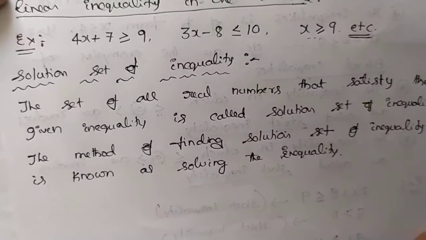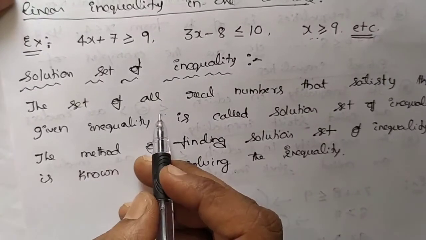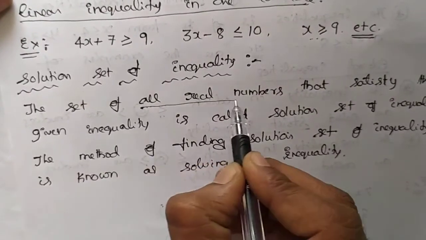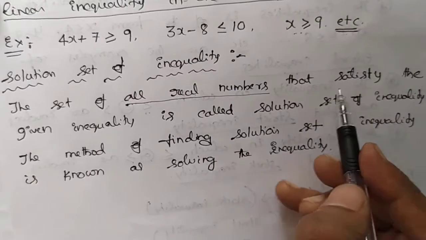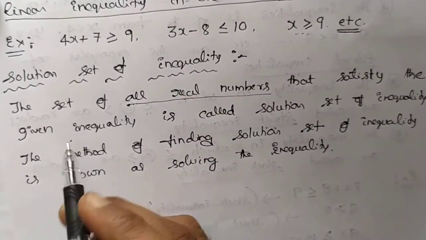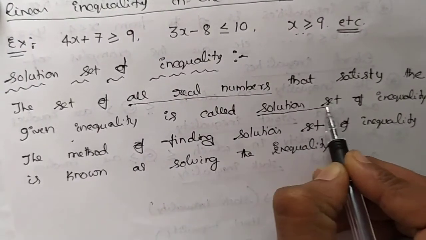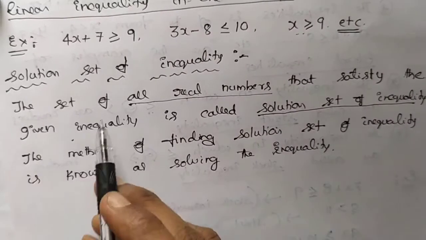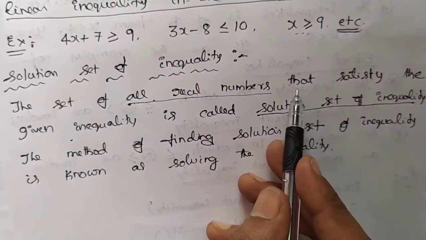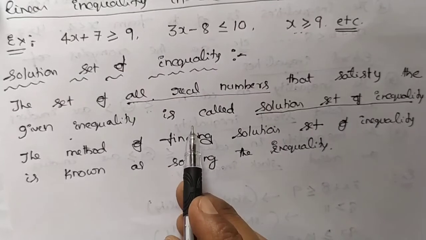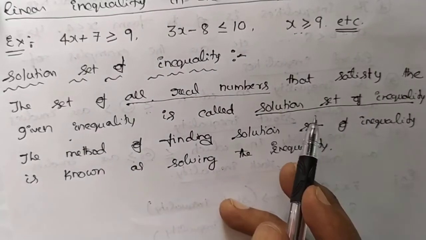Solution set of inequality is nothing but the set of all real numbers that satisfy the given inequality. The set of all real numbers that satisfy the given inequality is called solution set of inequality.